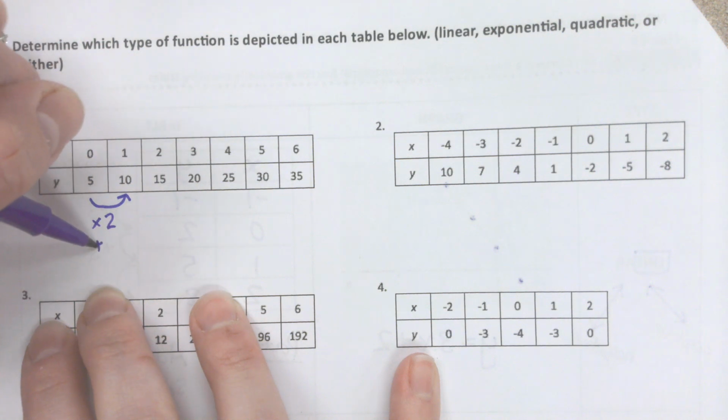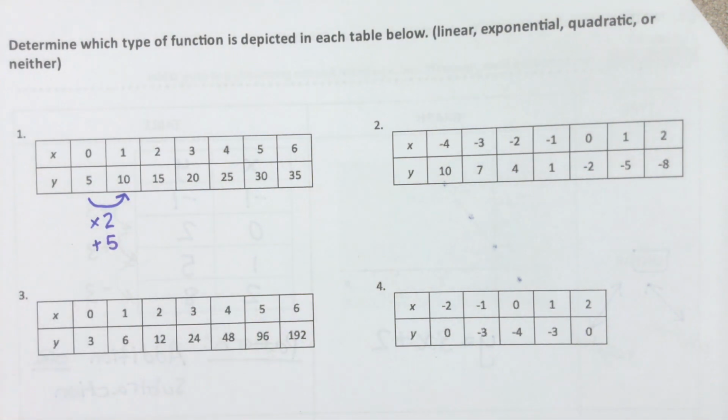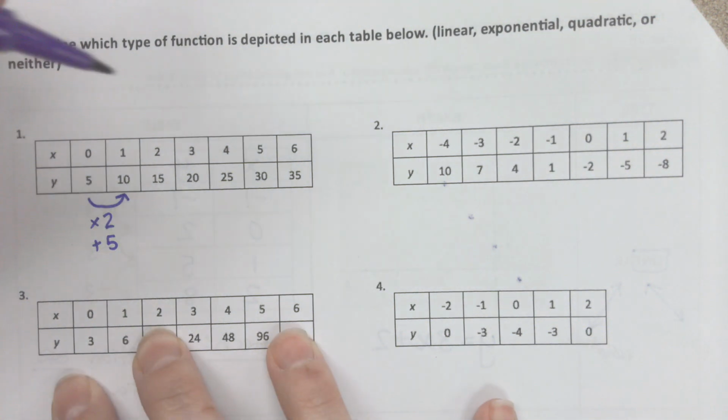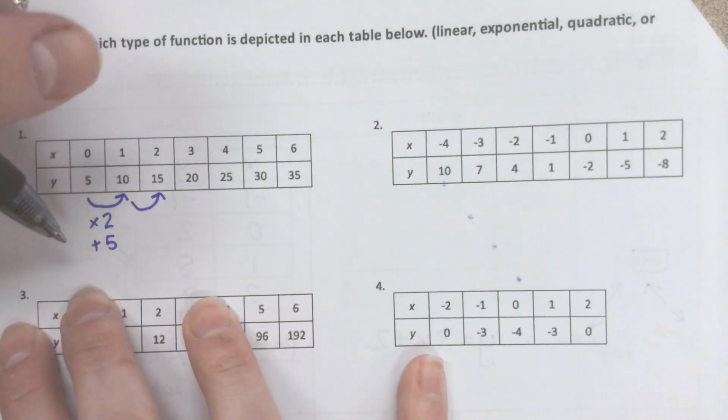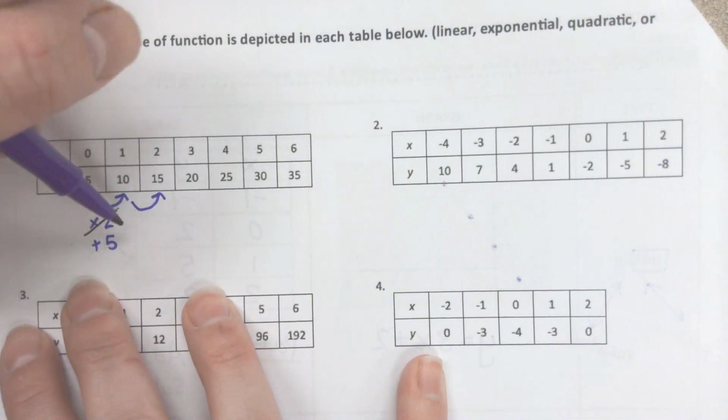And 5 plus 5, that's also 10. This is why we need to go multiple numbers to establish, because only one of those is going to be right. Let's go 10 to 15. Well, 10 times 2 is clearly not 15, so that's not going to be the pattern, but 10 plus 5 is the pattern. 10 plus 5 is 15.